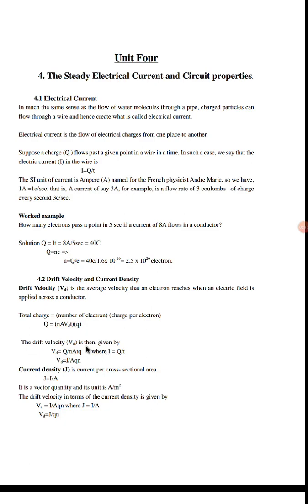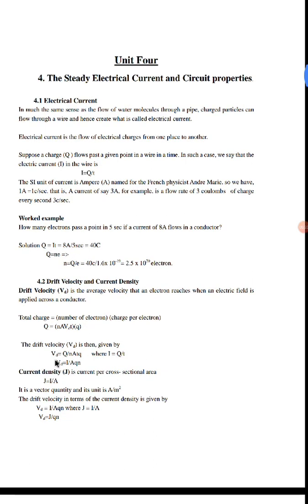So the drift velocity is then given by Vd equals Q over N A t q, where I equals Q over t from the above.